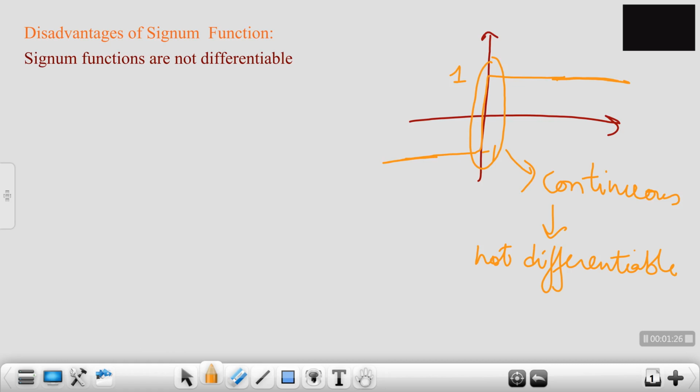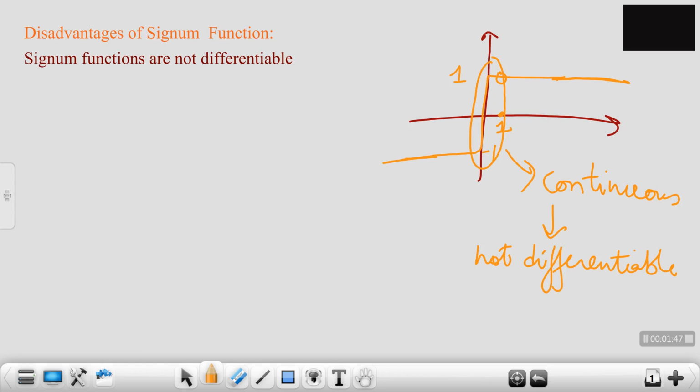One more point to note is that although the output saturates, it does not increase or decrease to values whose magnitude is excessively high.